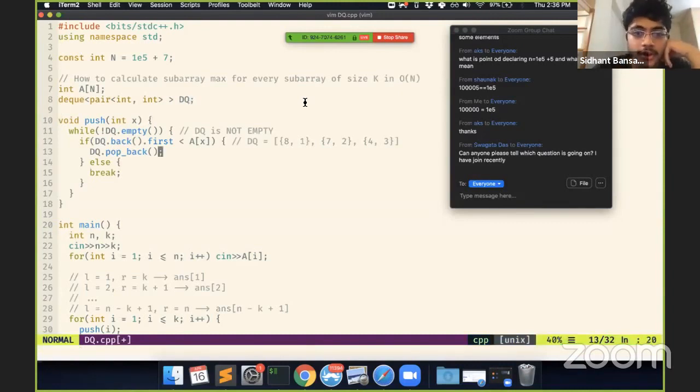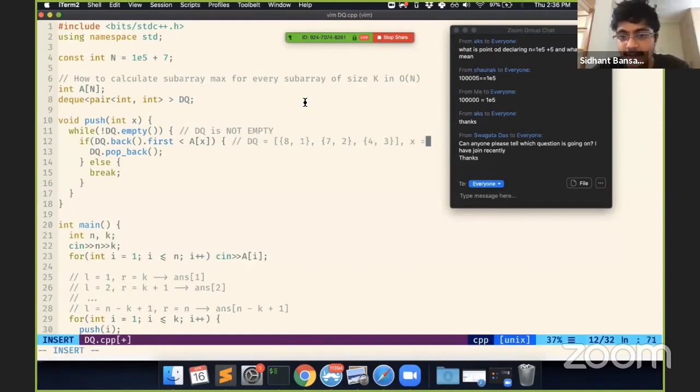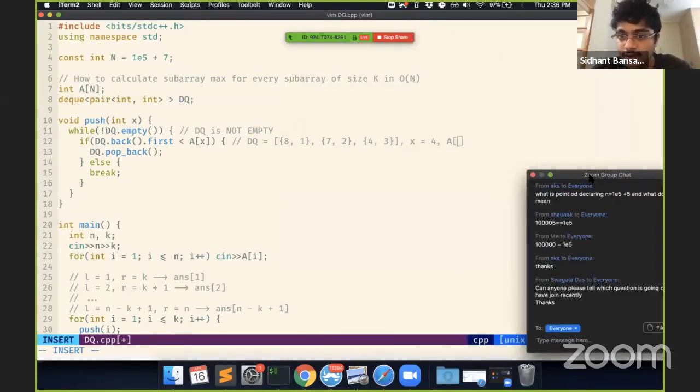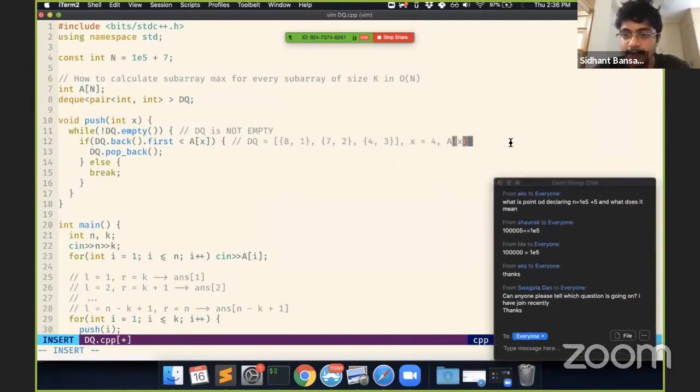Okay, so let's say the DQ is this, and let's say AX is 9, and we are inserting 9,4.